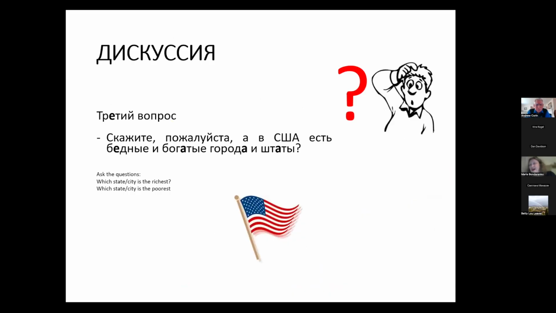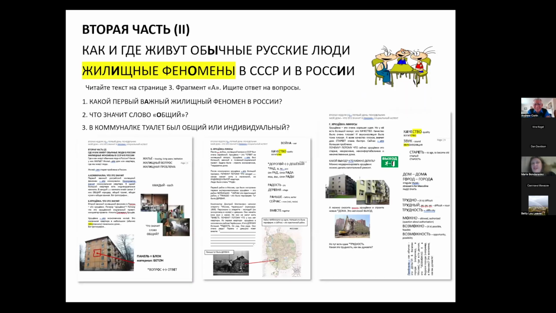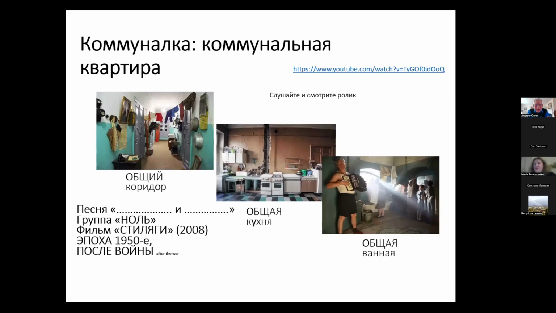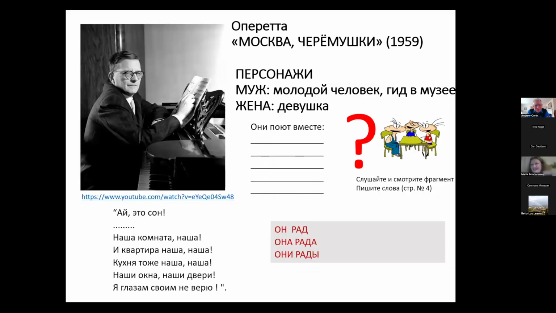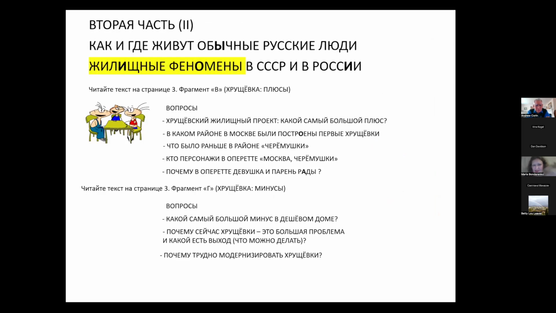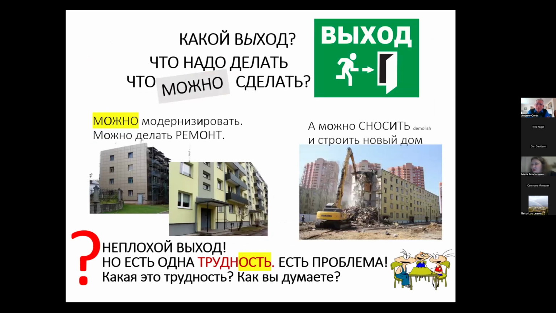So in this way, we continue exploration of a different topic, housing phenomena in Russian, коммуналка, хрущевка, with some culture-related additional materials such as the operetta Москва-Черемушки composed by Shostakovich and so on, and some social-issue-related questions: what can we do with this cheap housing?